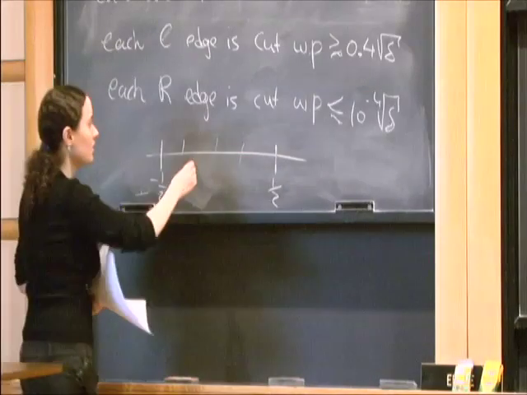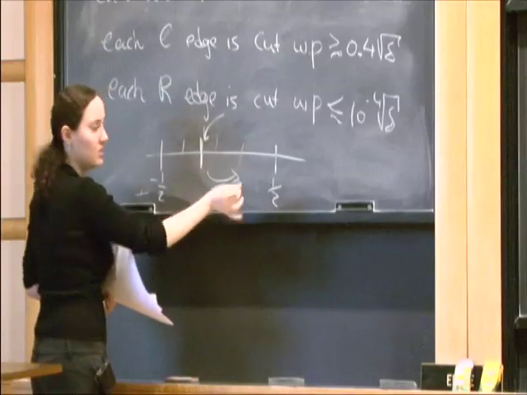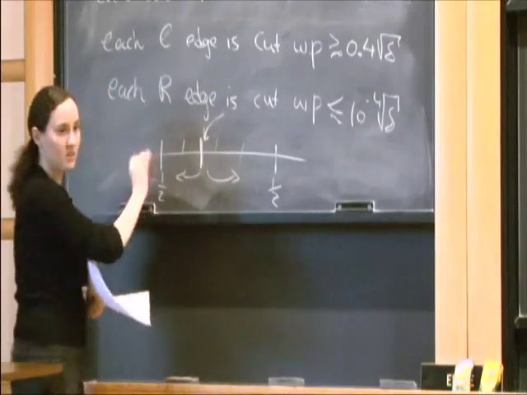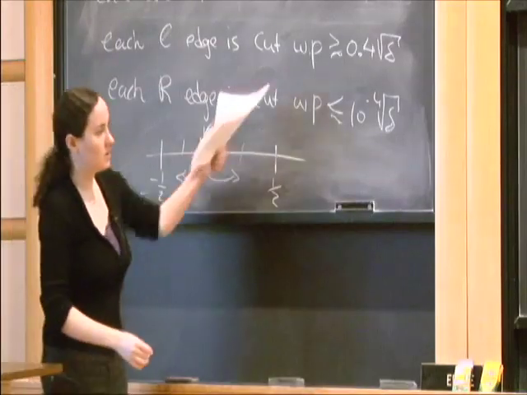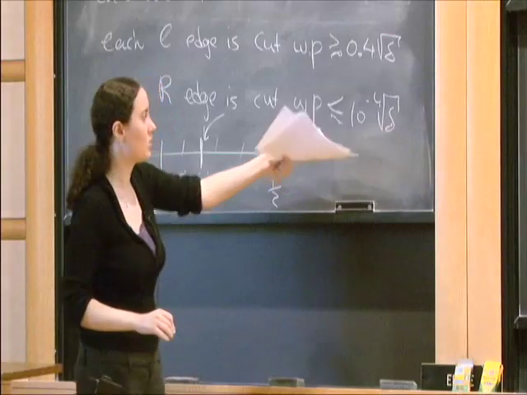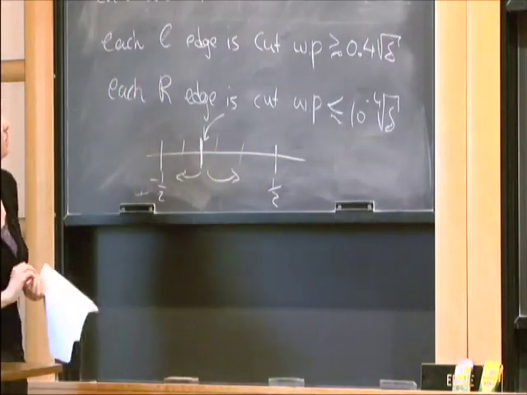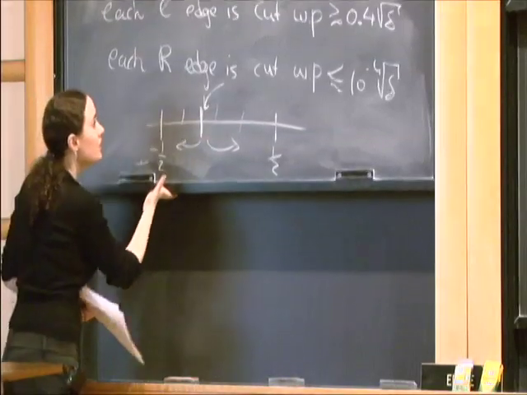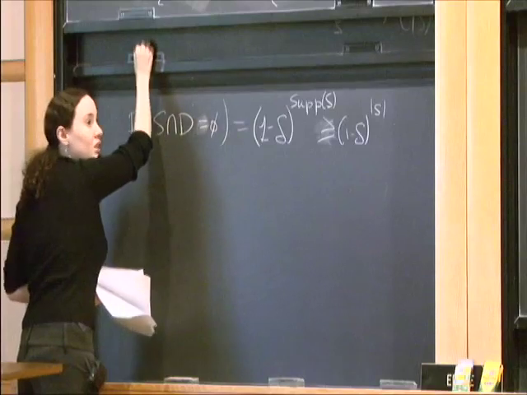So if I just pick a random threshold and put everything from one side here and everything from the other side there, then the probability it crosses a red pair is this, and the probability it crosses a blue pair is this. Okay, so this is fine. But this is not what I wanted.